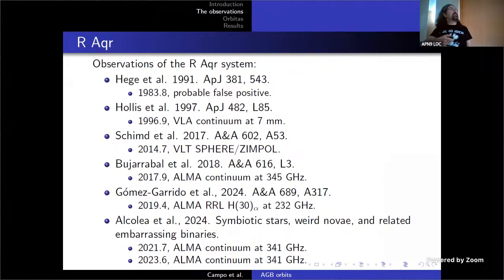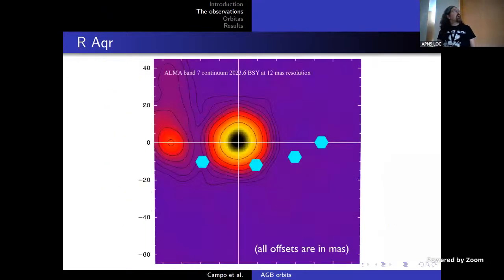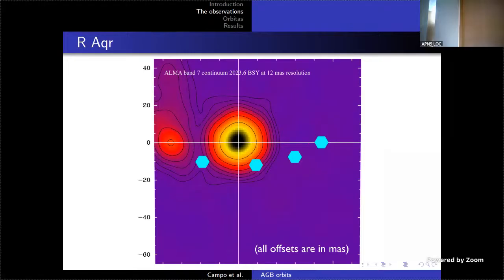Then we have an observation from 1996 by Hollis et al. using the VLA continuum, and then observations from 2014. And from 2017, we have several observations made by our team with ALMA. Here we have the last observation by ALMA. We have the star, this is the jet, and these are the positions of the other four ALMA observations that we have superimposed on the image.